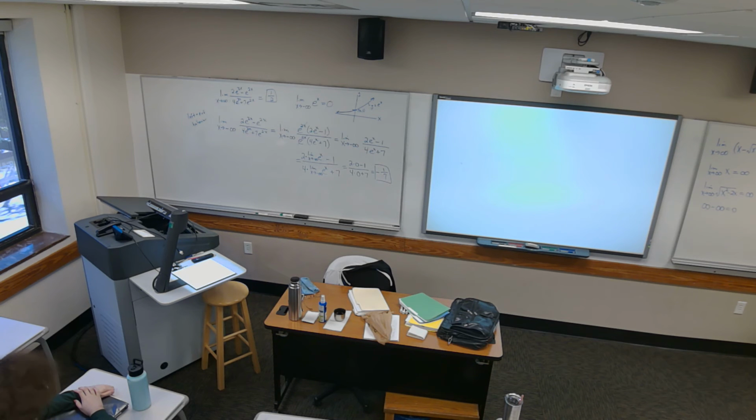So when we multiply top and bottom by the conjugate of the numerator, we have a product of the form a minus b times a plus b. And you know a minus b times a plus b equals a difference of squares, a squared minus b squared. That's why we do the conjugate. So a in this case is equal to x and b is equal to the square root.